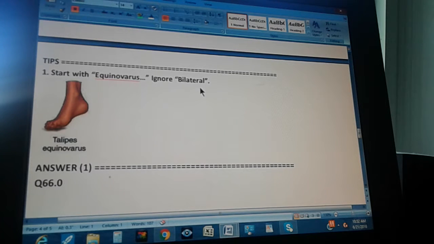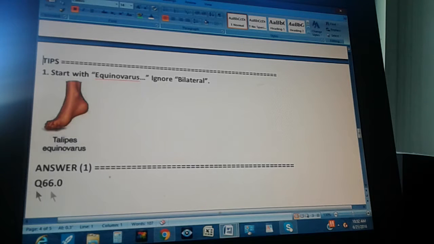By default, bilateral or unilateral is the same code. In this case, ICD-10-CM doesn't consider any difference between bilateral and unilateral. So that's our tip. Now with this tip, you should be able to get to the answer. Oh, you know the answer already.